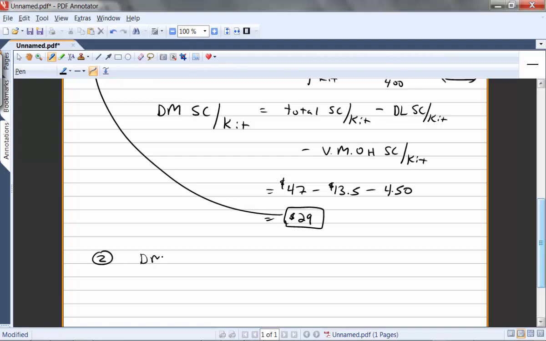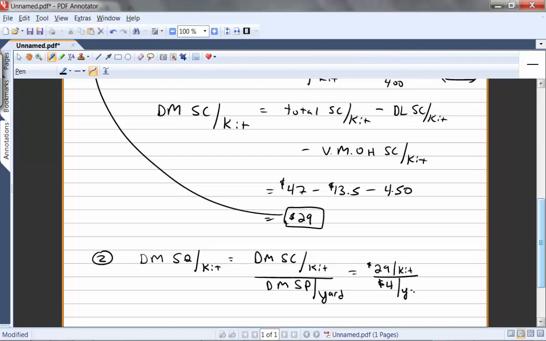So the direct materials standard quantity per kit is equal to the direct materials total standard cost per kit, divided by the direct materials standard price per yard. That is $29 per kit divided by $4 per yard, right?